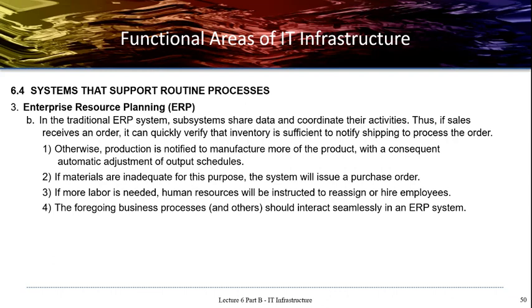So first check: if the inventory is there, you release from the inventory. If inventory is not there, you start producing. If materials are inadequate for this purpose, the system will issue a purchase order to suppliers. If more labor is needed, HR will instruct to reassign or hire employees. The foregoing business processes should interact seamlessly in an ERP system.